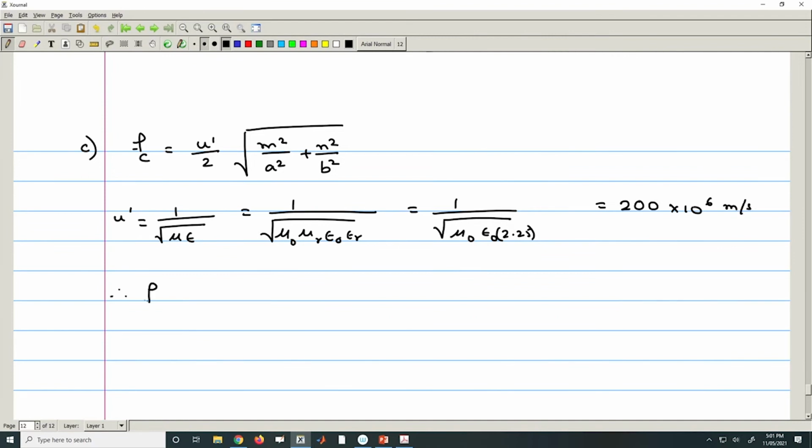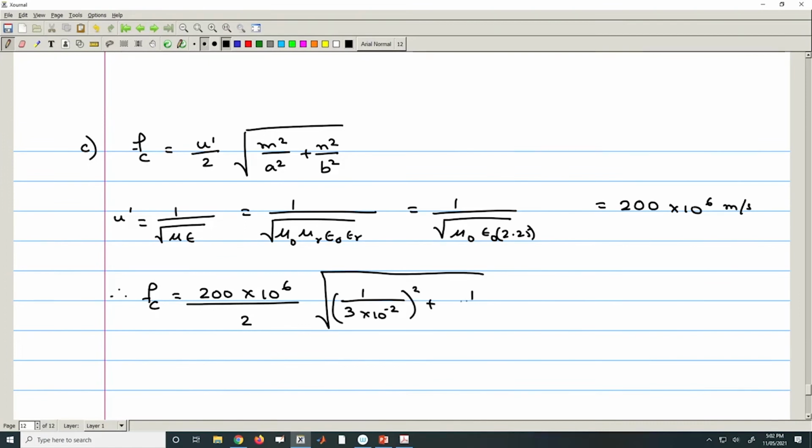Therefore, Fc is u prime upon 2 times the root. Substituting for m and n and a and b, we will get 1 upon the square plus 1 upon 1.25 into 10 to the power minus 2.